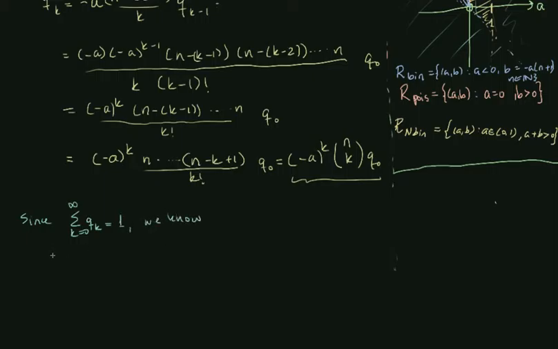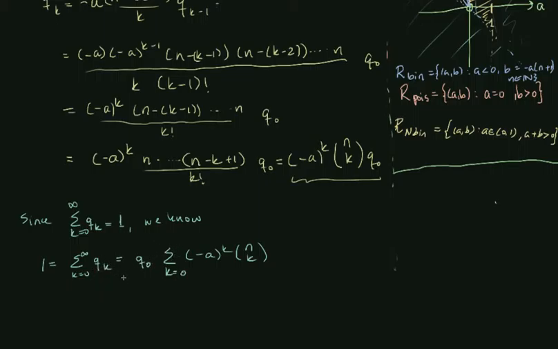So since this is true, then we know that 1 is equal to the sum of the qk's, which is then equal to q0 multiplied by the sum of minus a to the k, n choose k, for k equal to 0 up until, well, let's see.